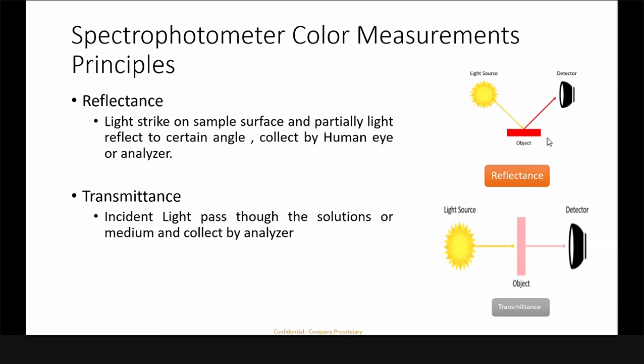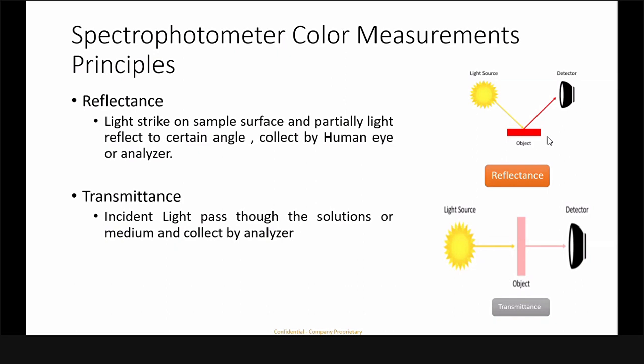Because of the object's characteristics, the light passes through it, and after passing through, we collect the light energy through the detector. That we call transmission measurement.